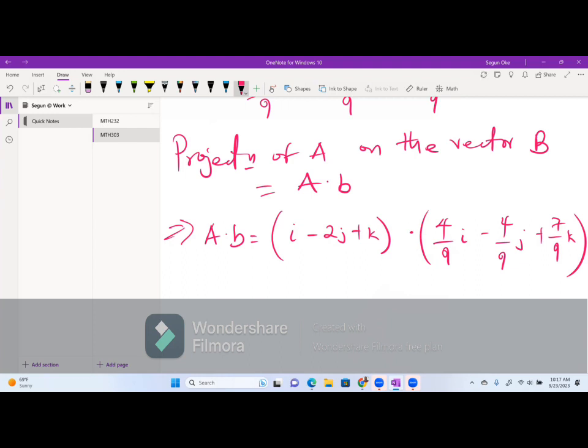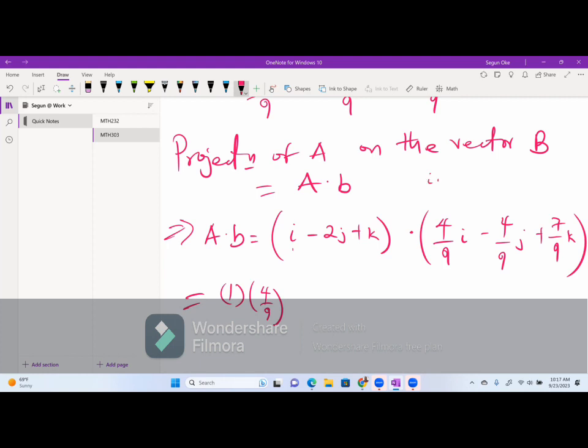Let i dot i, let j dot j, let k dot k. So it's going to be, i dot i will be, what is the coefficient of i here? 1. 1, thank you. 1 multiplied by 4 over 9, which is i dot i.